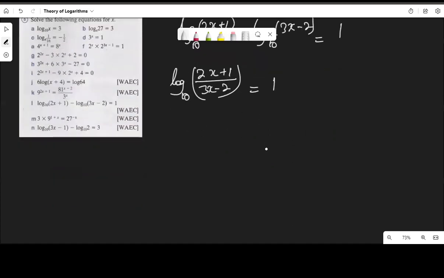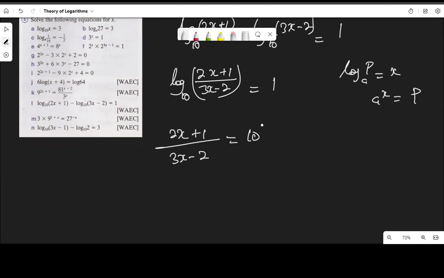I'm going to turn this now to index form. Logarithm of a number p to base a is the index x to which a must be raised to be equal to p. That means 2x plus 1 over 3x minus 2 is equal to 10 to the power of 1, which is 10.